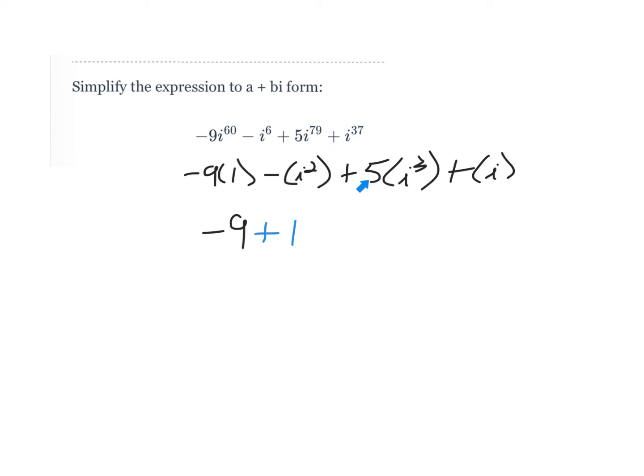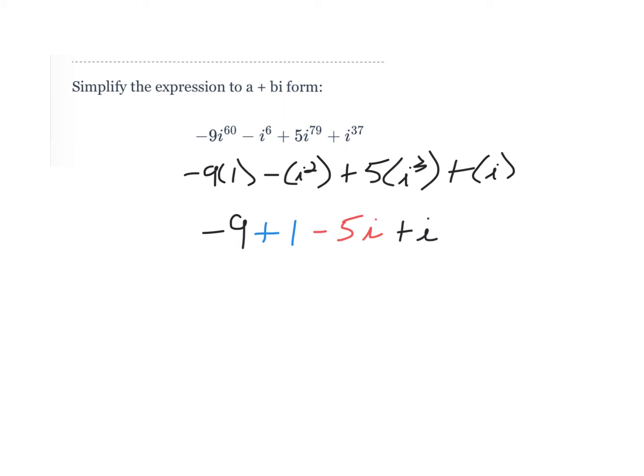And then we have plus 5 times I to the 3rd. Well, I to the 3rd is negative I. So we're going to call that minus 5I. And finally, in the last one here, we have plus I. So, of course, we just write plus I. So I'll put plus I right here.